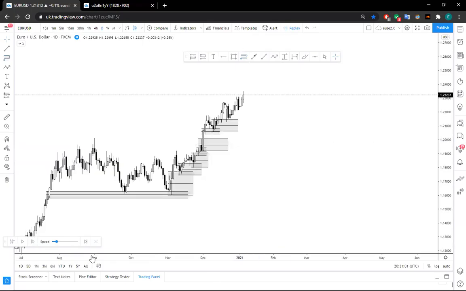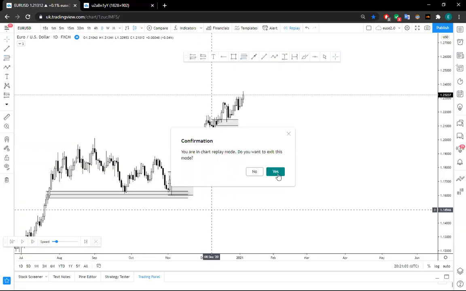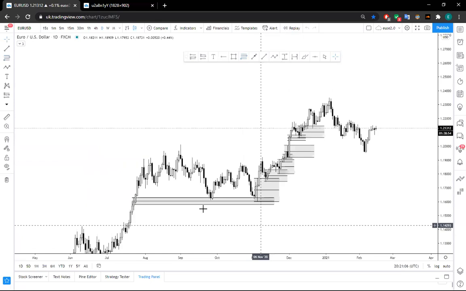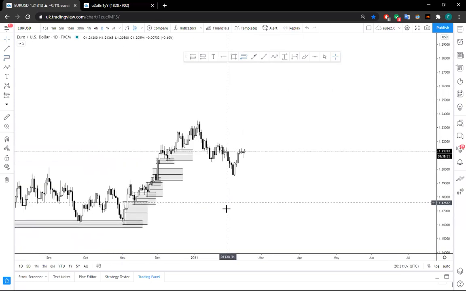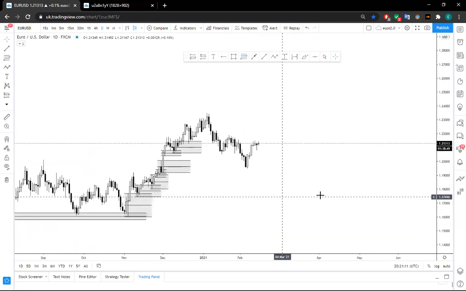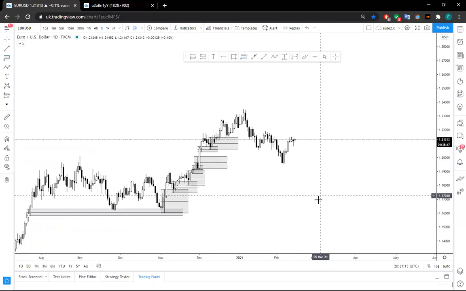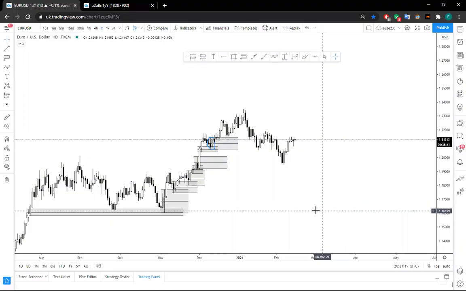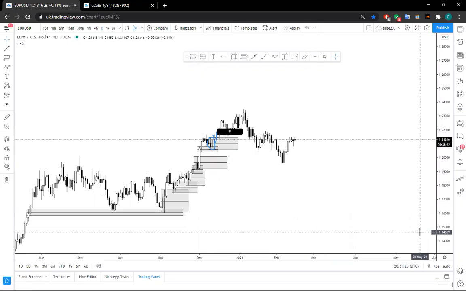Yes. All right, so within here there are multiple mitigations that you can actually see, how if you take this sell to buy, it mitigates and then continues.